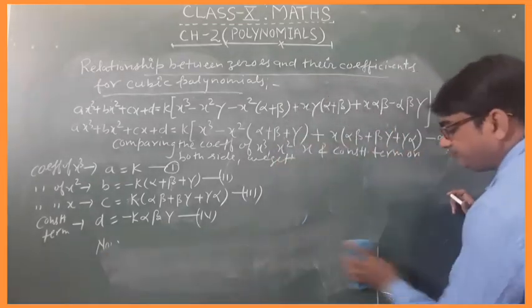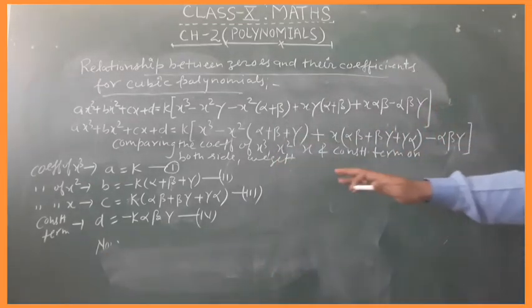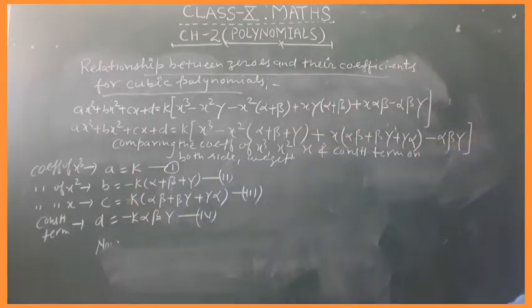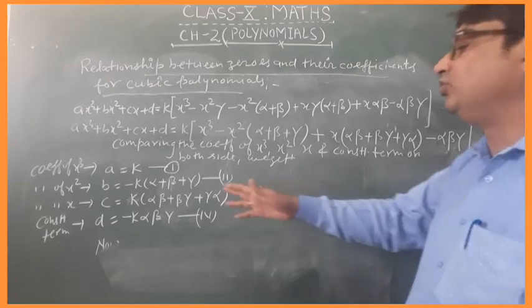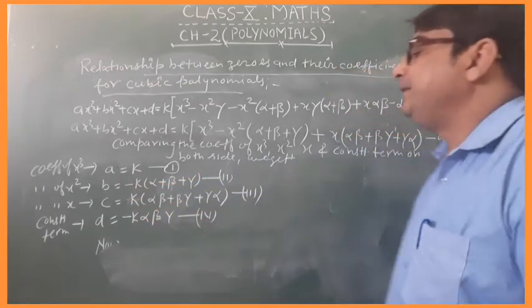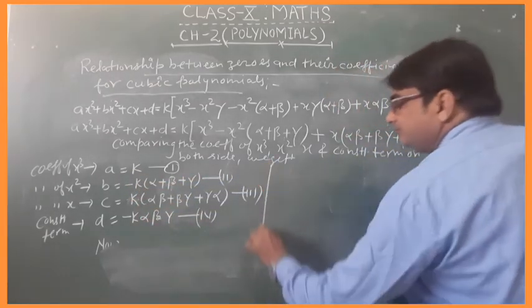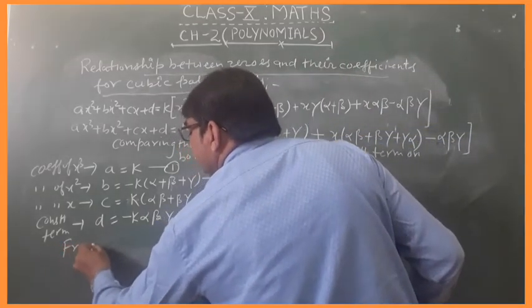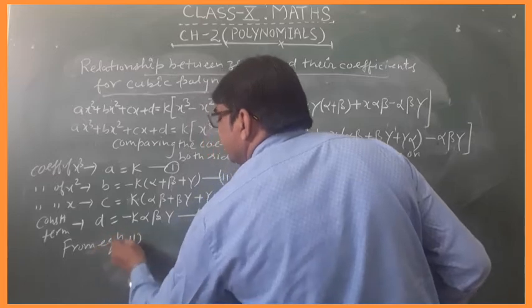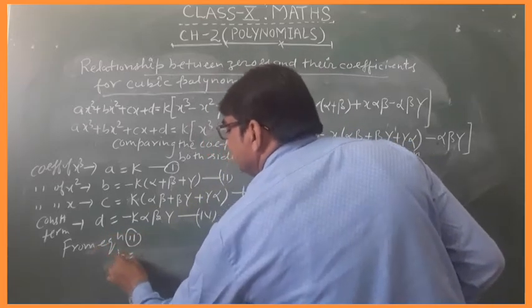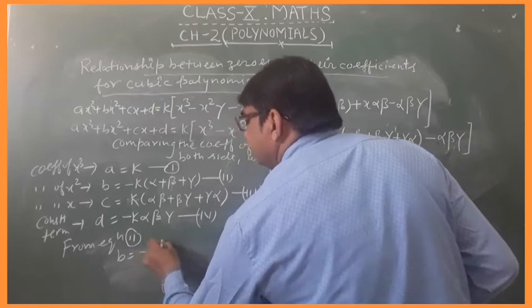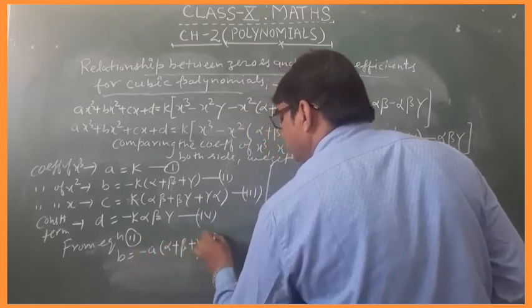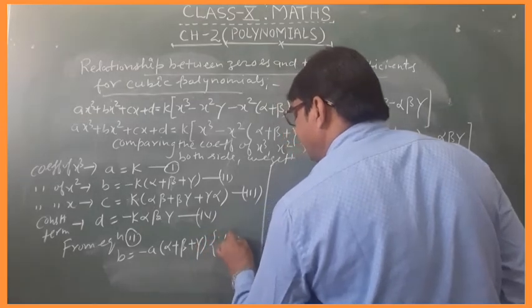And then from equation first, a is equal to k, or k is equal to a. So from equation second, b is equal to −a(α + β + γ), since k is equal to a.